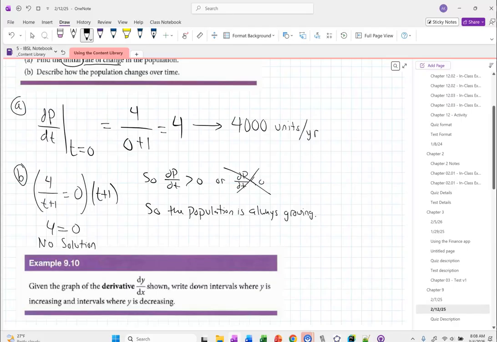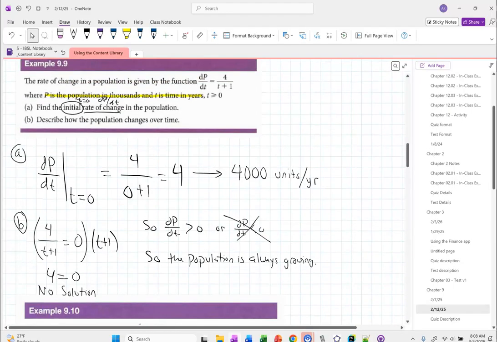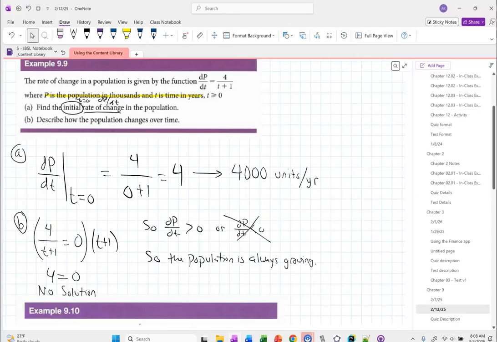Now, we can do a little bit better than that, because we can talk about how fast it's growing. As time goes on, is the rate at which the population is growing getting faster and faster?